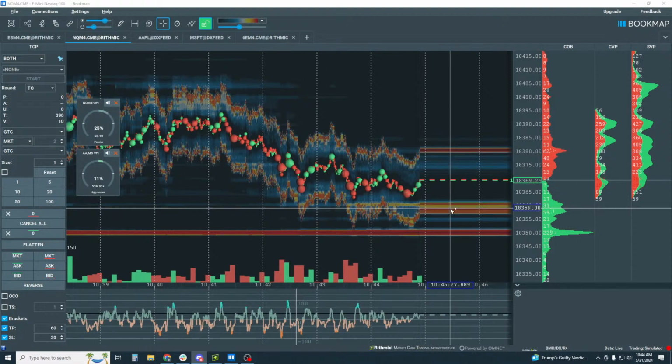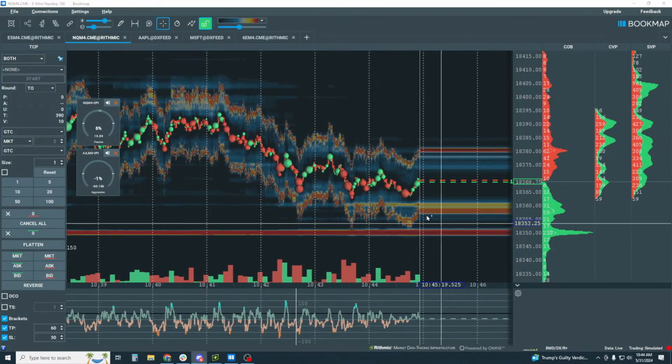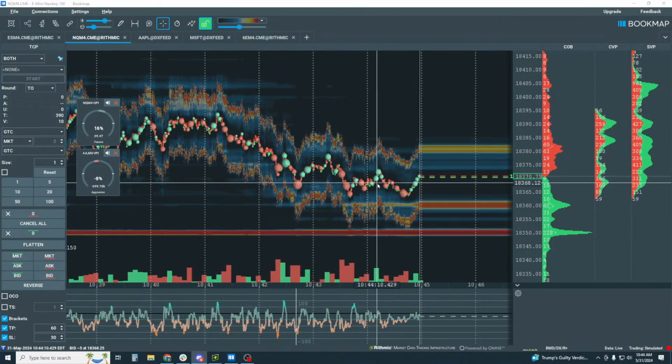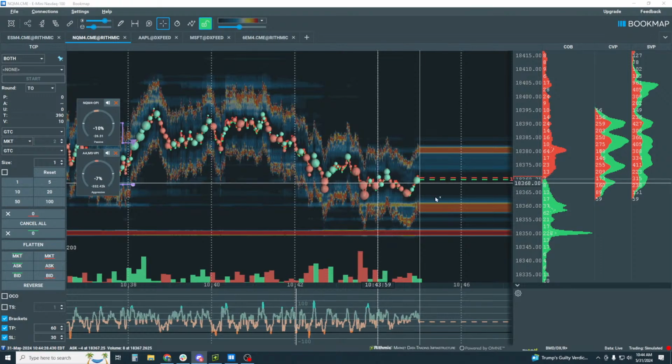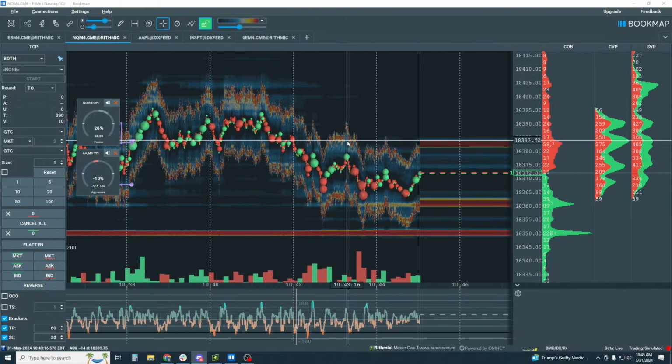Bidding up down here at higher levels. This 18,350 looks really good though as a target. A lot of liquidity down there.